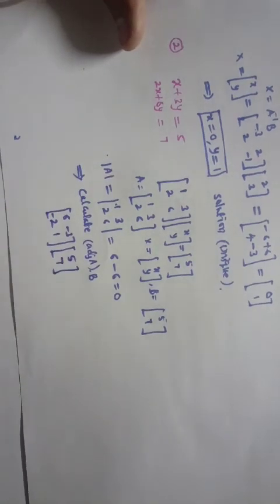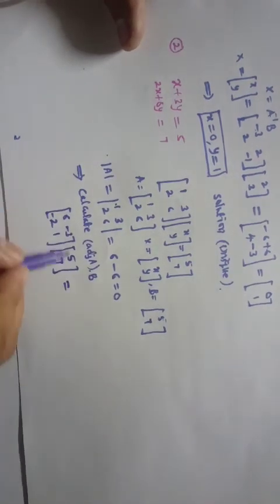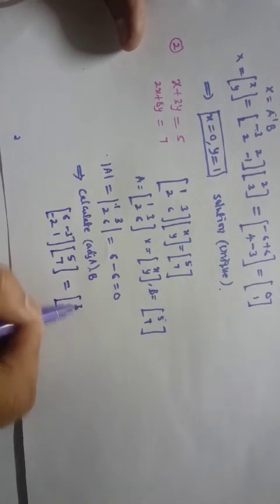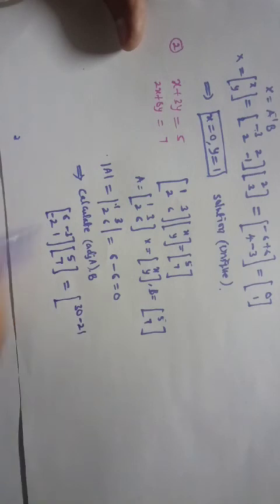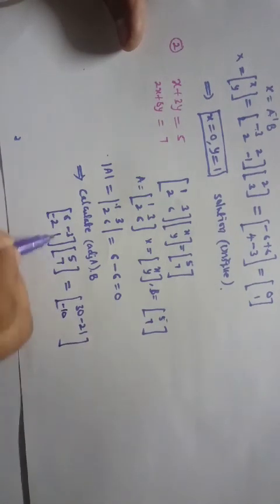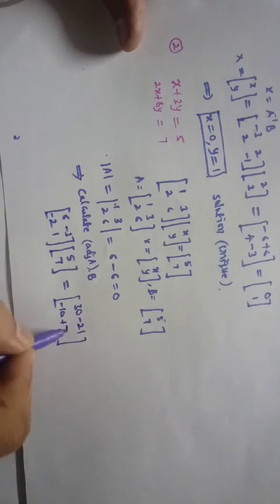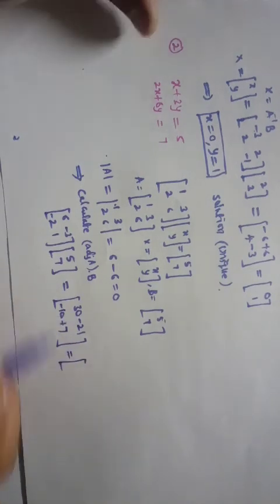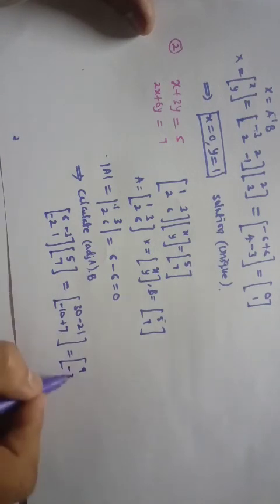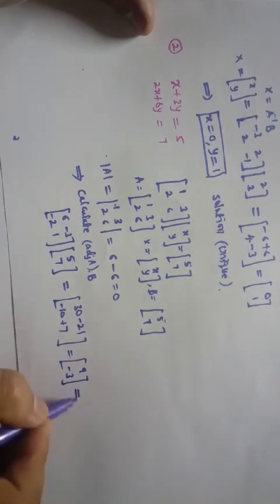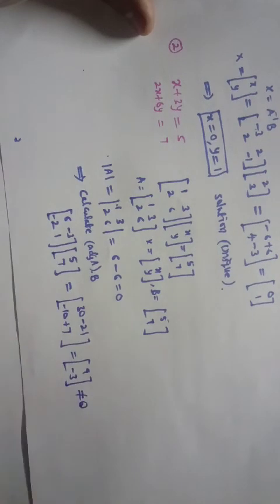Now calculate the value and see what is going to come here. 6 into 5 is 30, minus 3 into 7 is 21. Next, minus 2 into 5 is minus 10, plus 1 into 7 is 7. So 30 minus 21 is 9, minus 10 plus 7 is minus 3. Both are not equal to 0, so it is a non-zero matrix.